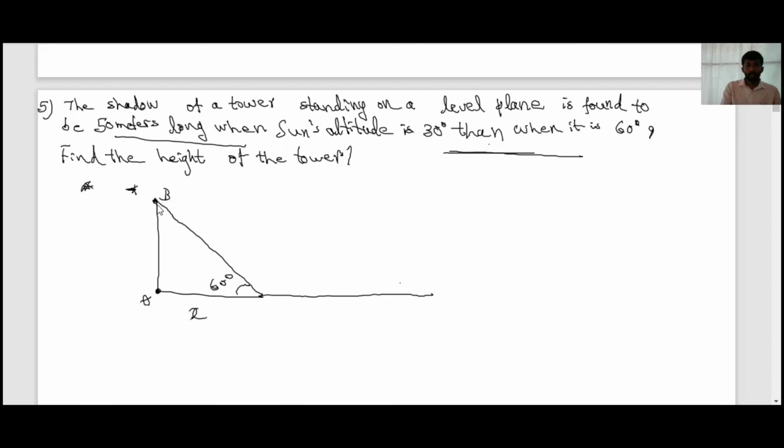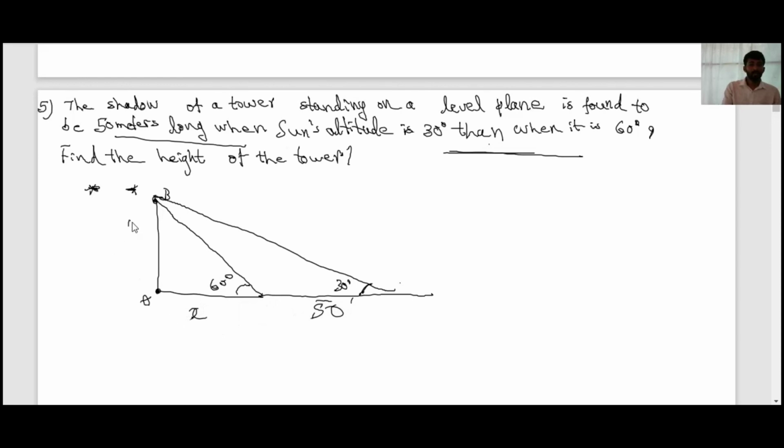That's the given data. When sun's altitude is 30 degree, suppose here it comes, sun's altitude is equal to 30 degree, then shadow of the tower is 50 meter longer than the original. Originally x is there when angle of elevation is 60 degree. If angle of elevation is 30 degree, shadow becomes 50 meter longer than the original.